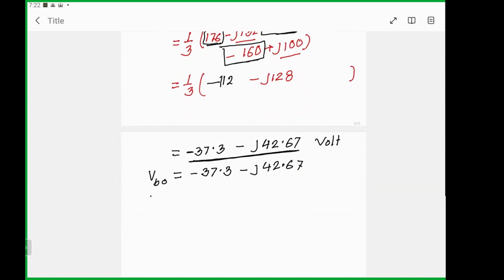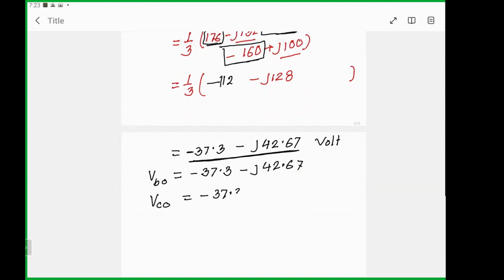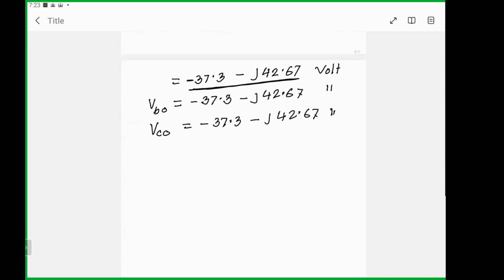So this will be the same, no change with the angle or anything. Then VC0 will also be the same, minus 37.3 minus J42.67. All three components will have the same values.